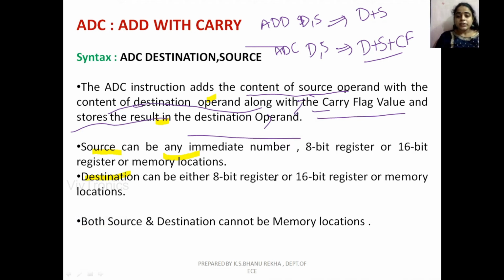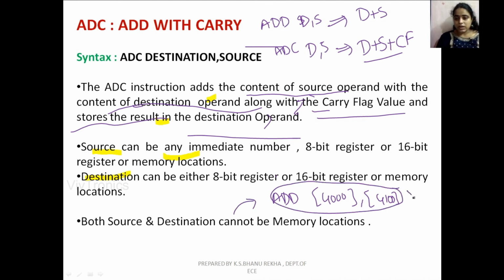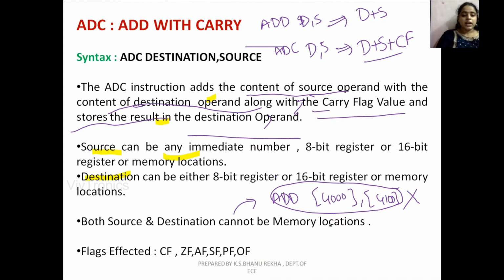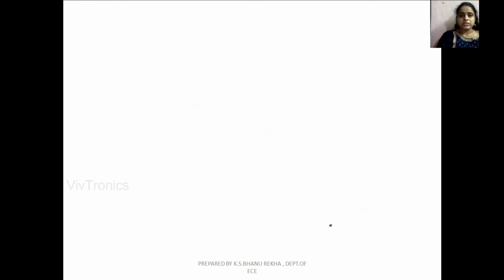That means you can't write ADD content of 4000 comma content of 4100. The source and destination cannot both be memory locations. This is not possible because it is associated only with memory, and these instructions are designed for the registers of 8086 also. And the flags affected are the same. All the conditional or status flags will get affected with this instruction.